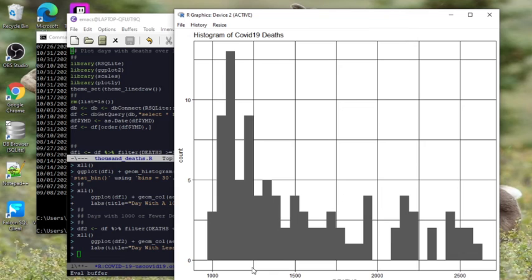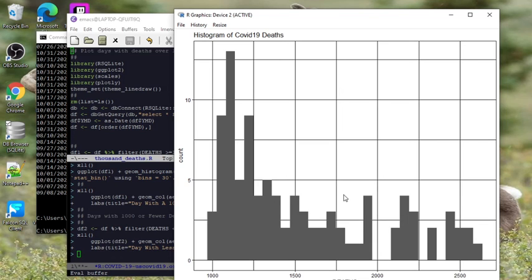This is 1,250. This means that 8 to 10 times we had 1,250 deaths per day. We had 1,500 deaths, say three times so far, and so forth.